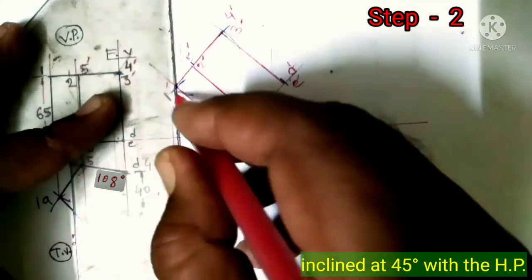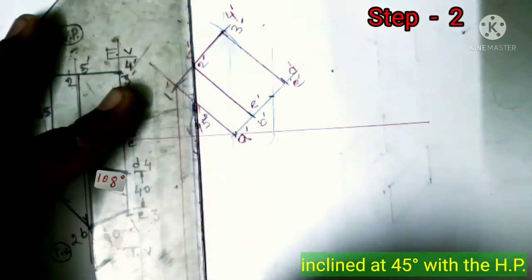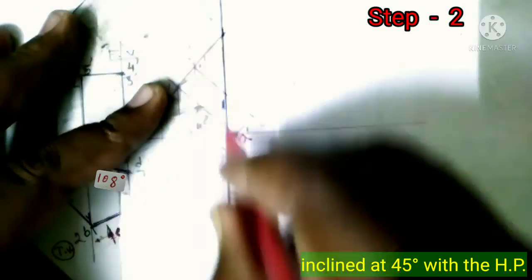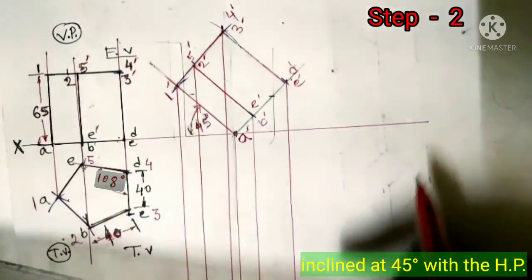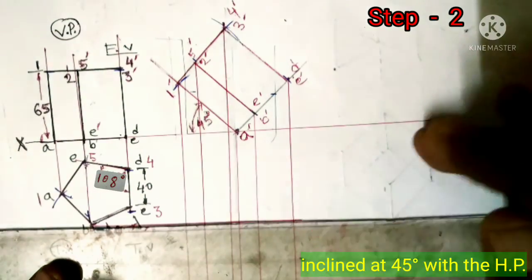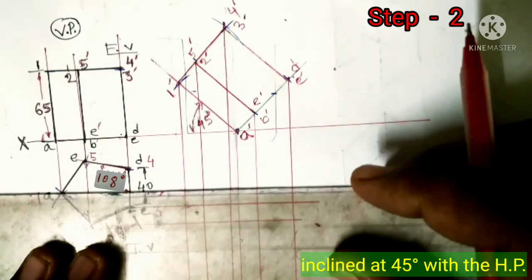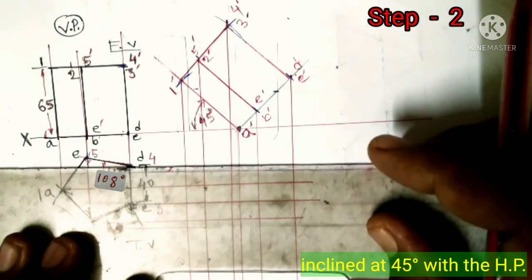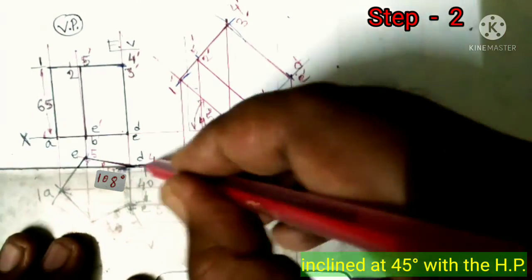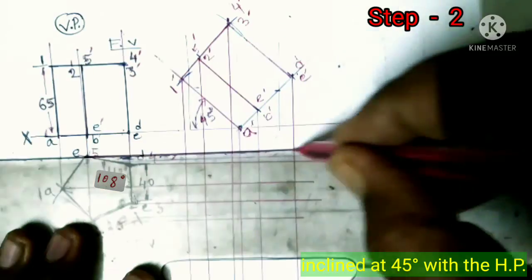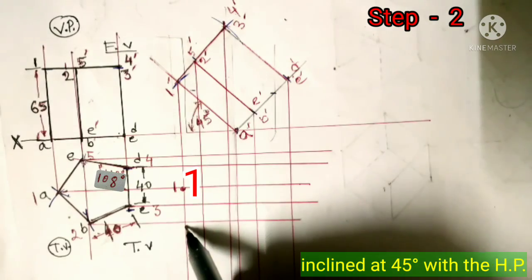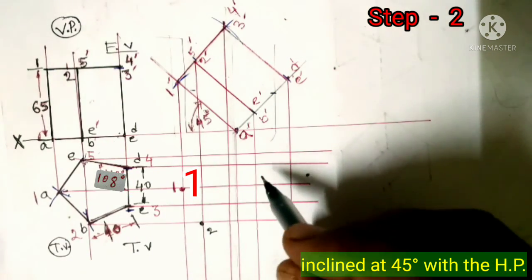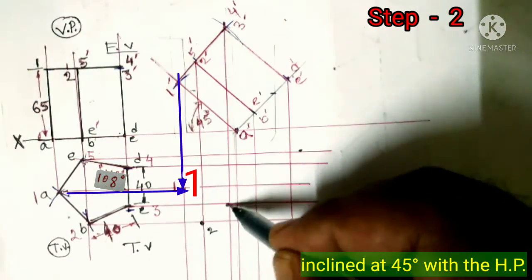Draw the perpendicular projection line along with this ground line. After that, draw the parallel projection line from the previous top view along with this ground line. Mark the intersecting point between the two projection lines for the same point coming from the front view and top view.